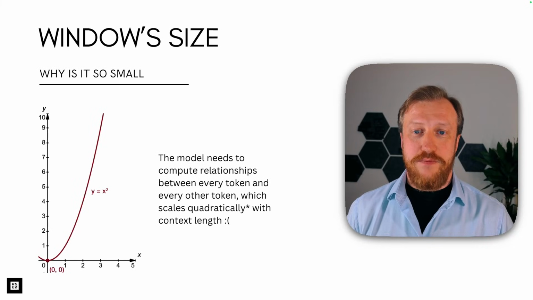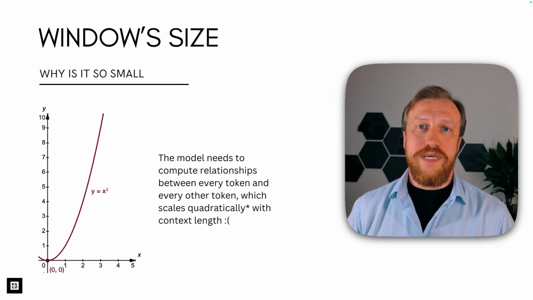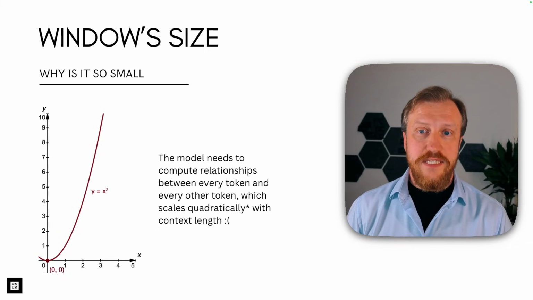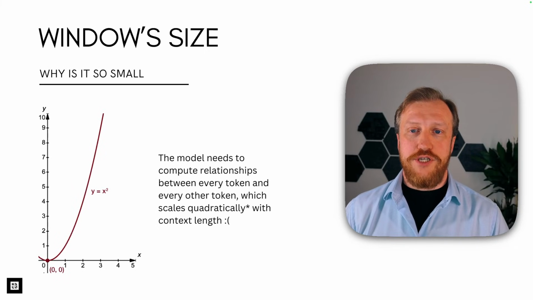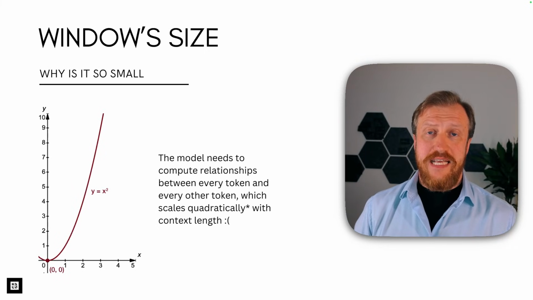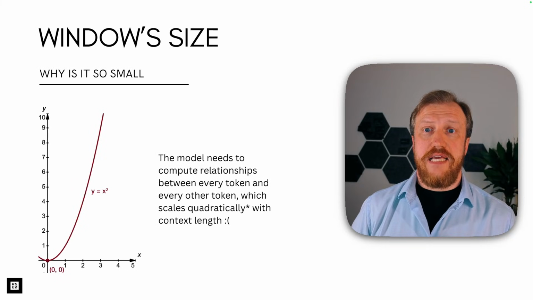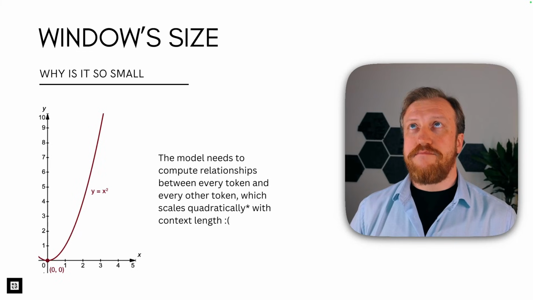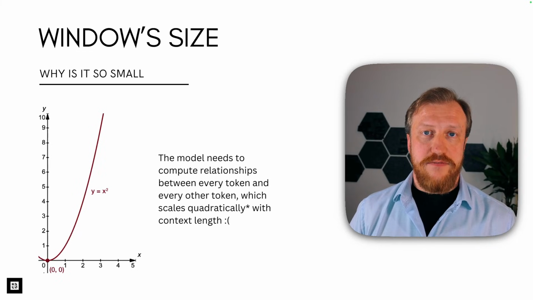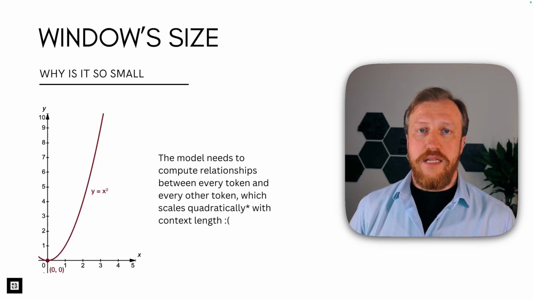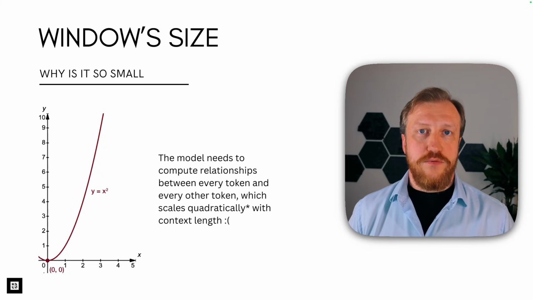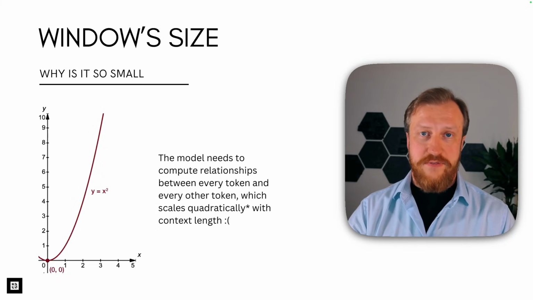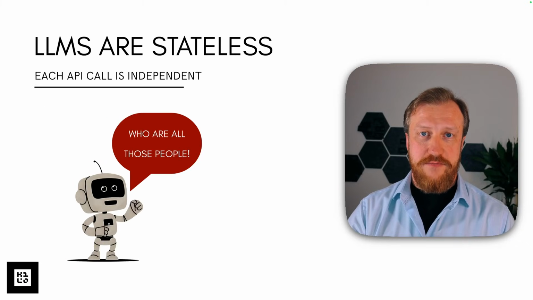And it scales quadratically: basically, to handle twice the context, you will need 4 times more computational power. In real life, it's slightly more advanced than that, because although theoretically it's quadratic, there are some optimizations developers do, teaching LLMs to be slightly better, but still, maybe it's not quite quadratic, but getting very close to it. So it eats a lot of hardware, a lot of GPU, a lot of everything.